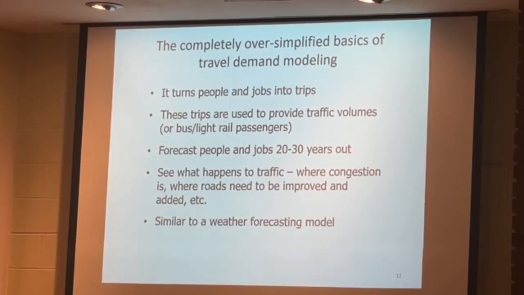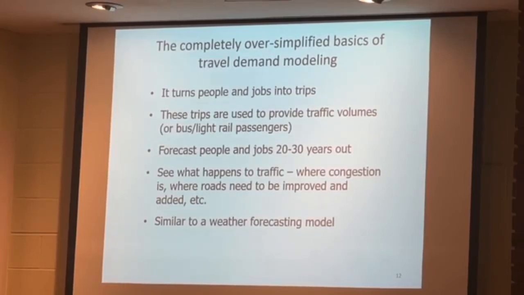After simulating the traffic in the base year, we adjust the inputs, especially the population and employment, and predict the future. Say, for example, we know the population is going to increase by a certain number and jobs by a certain number. So what would the traffic be 20 years from now?